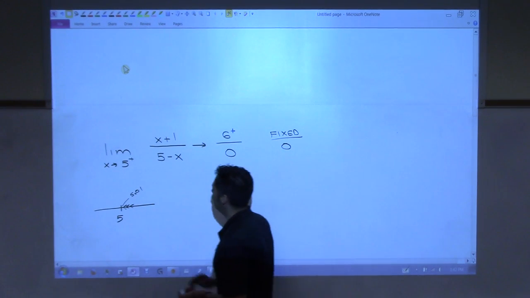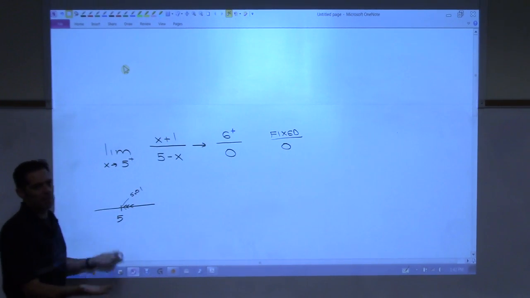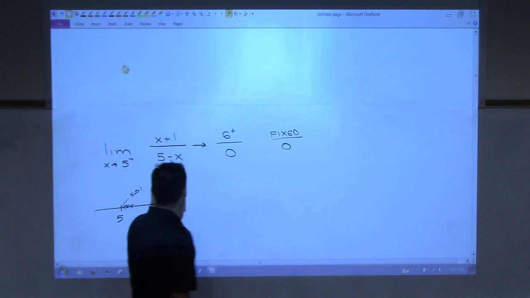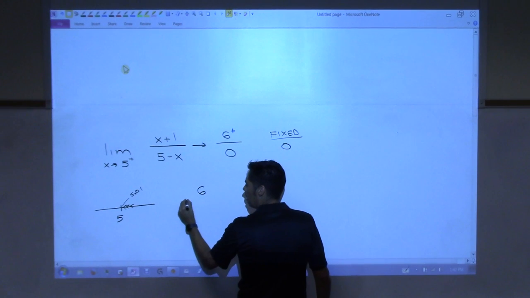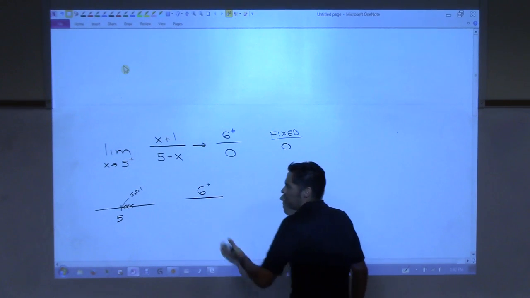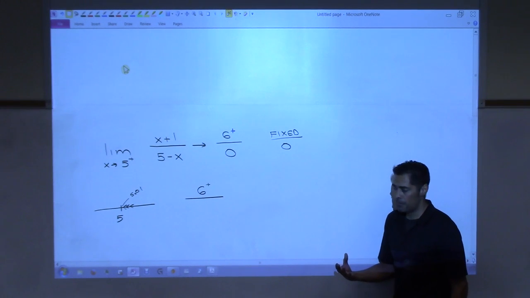If I plug that into the top, I'd still be close to 6, which of course is a positive number. The bottom we know is approaching 0.